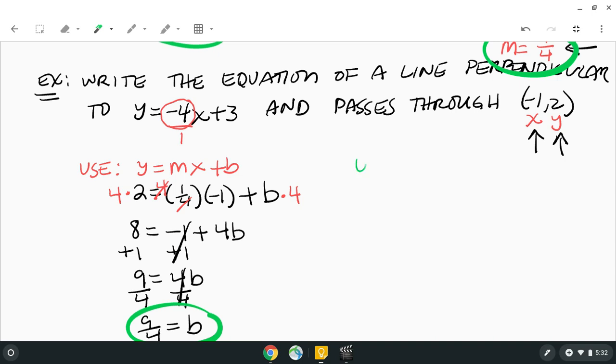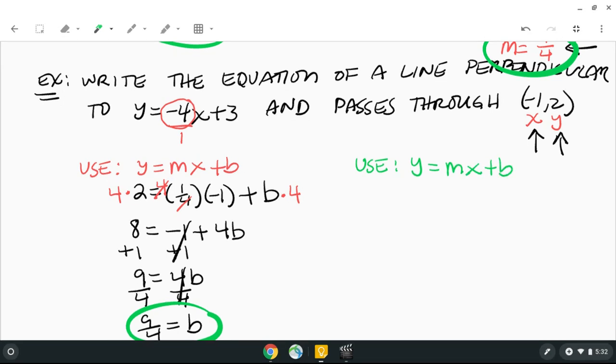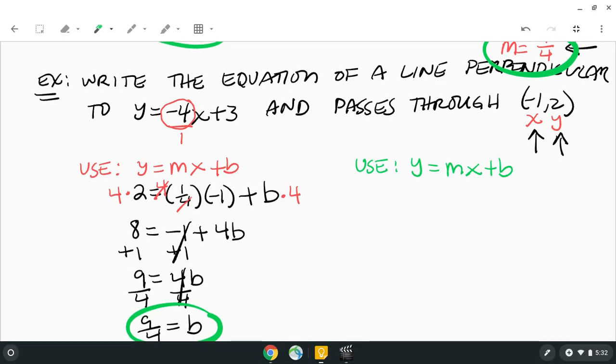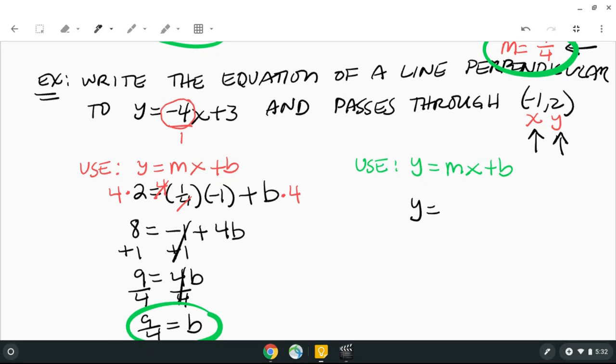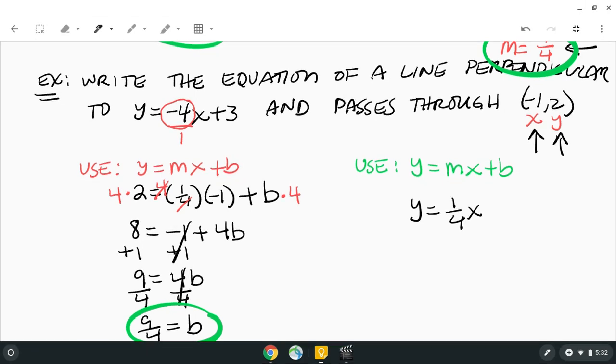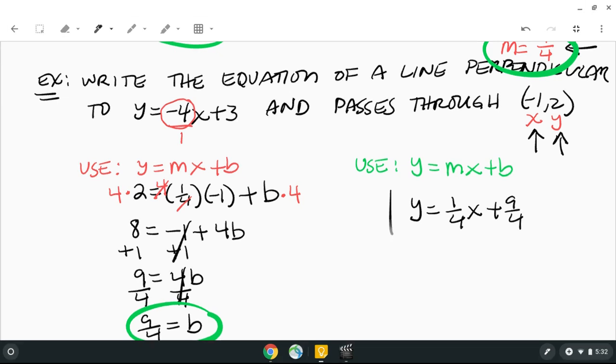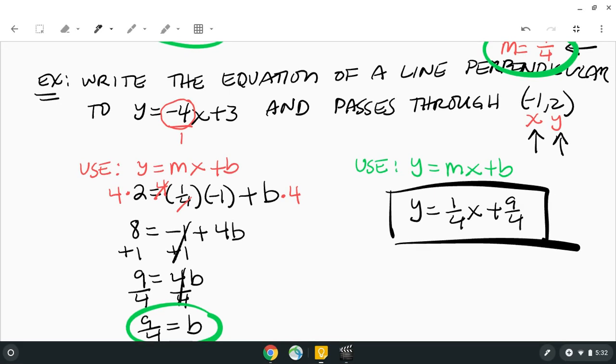So we are going to use the y equals mx plus b form, and that's what we're going to plug our m and b into. Okay, so y equals m, which is 1/4, x plus b. Okay, and that's all there is to it.